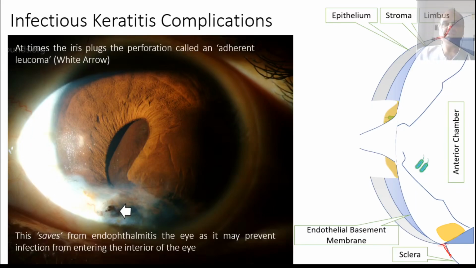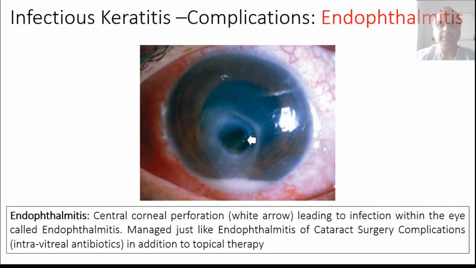At times the perforation is comparatively small, and because the intraocular pressure is higher than the atmospheric pressure, the intraocular content expels out, dragging things out as the infectious organisms are coming in. The iris actually plugs that perforation and forms something called an adherent leucoma, which is good because although the iris is not in its place, the perforation is self-sealed, which would prevent infections from moving inside the eye.